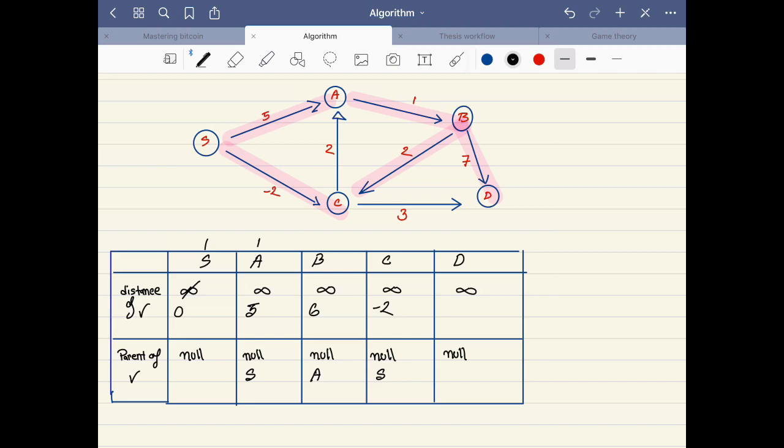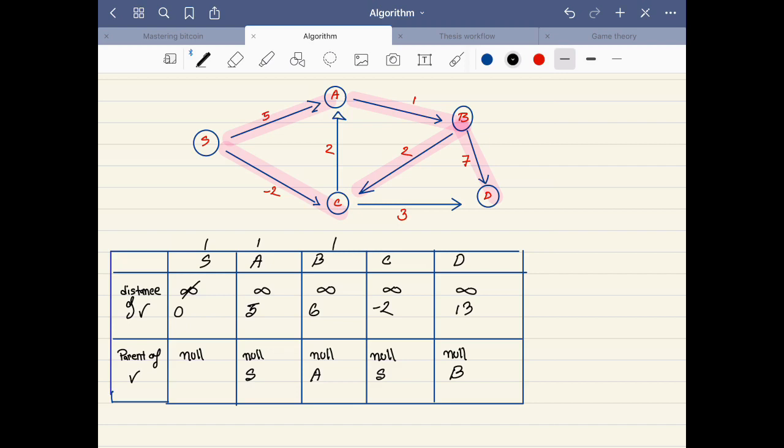But C already has something much smaller than 8, it already has -2, so we don't need to update this. And we can go to D, so that would be 6 plus 7, that would be 13, and the parent would of course be B. We are done with all the adjacent nodes of B.